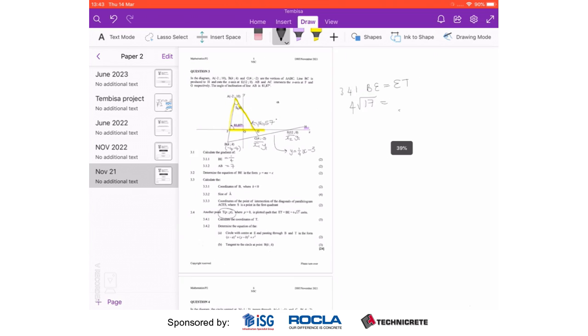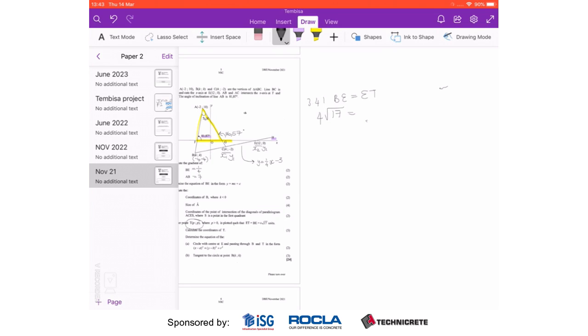Now I'm going to use distance formula. So the coordinates of E is 12, 0 and T is P, P. So let's put that in the square root. Distance formula, 12 minus P squared plus 0 minus P squared. We're just solving for P now. So we're going to square both sides is what I would do.